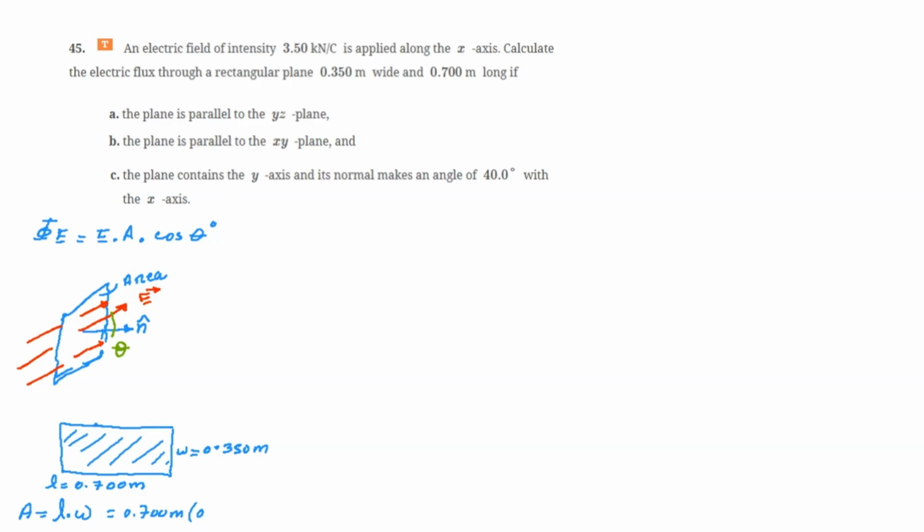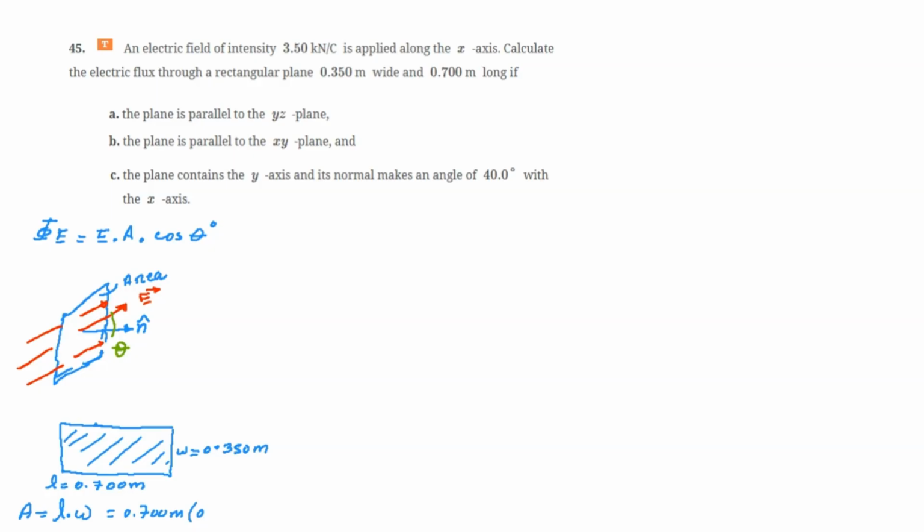So the angle theta between the electric field and the normal is 0 degrees, and the cosine of 0 degrees is 1. So since the electric flux is E A cosine of theta, and this is 1, the electric flux in this case would be E times A.